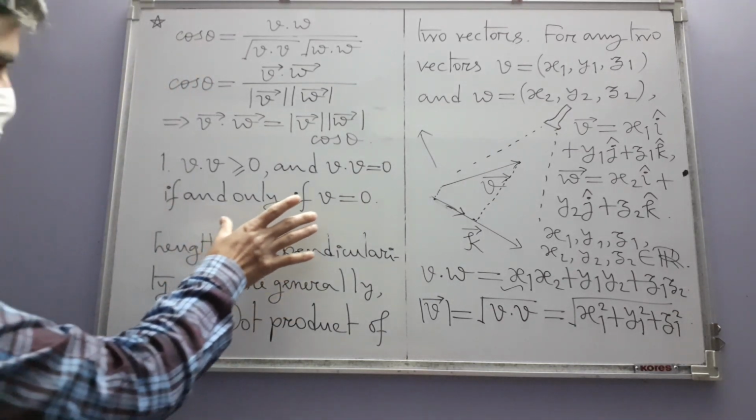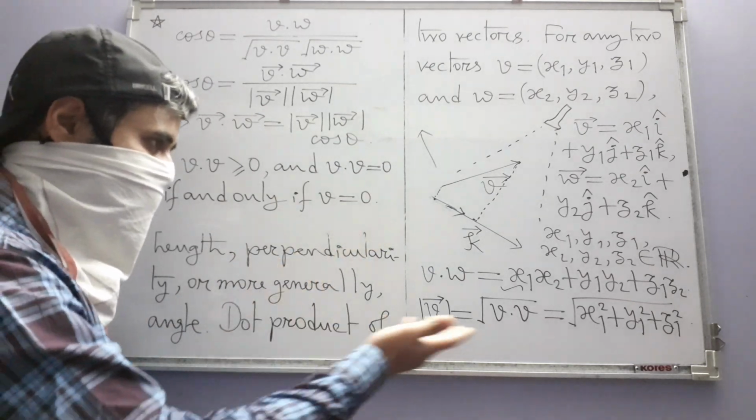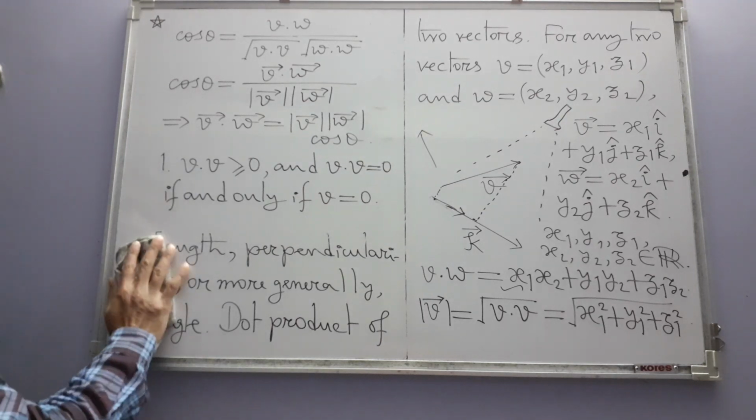And these properties are things that we already know or can be verified quite trivially, directly, without any twist.